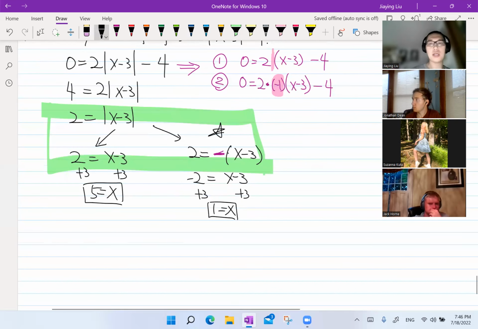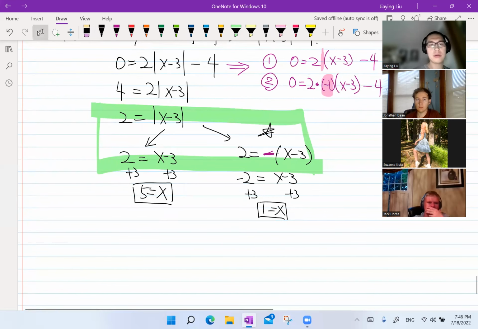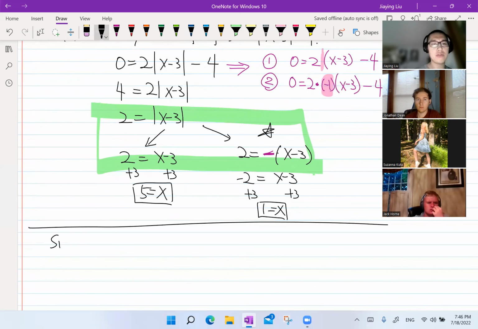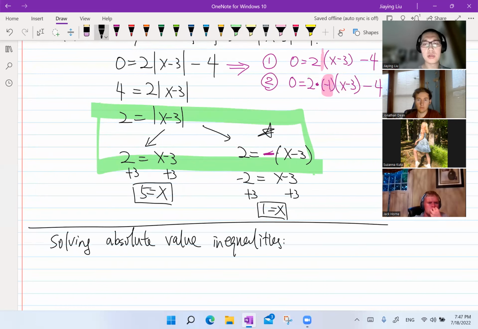So let's work on another example, which is solving absolute value inequalities. So here I have an example.